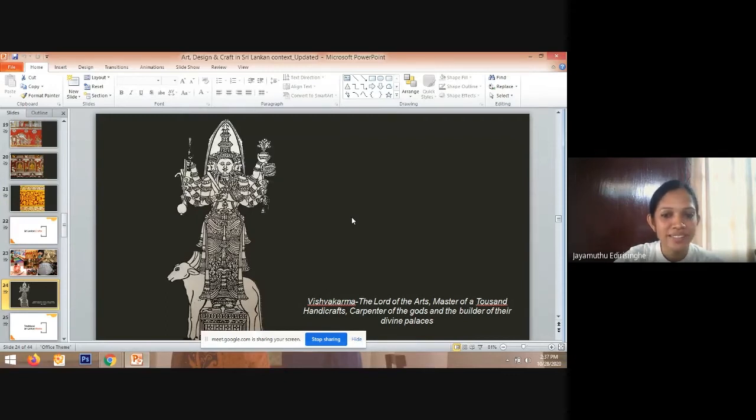We have got this influence, and we consider God Vishwakarma one of the very important figures when it comes to art and craft history in Sri Lanka. That's why I have included this image.